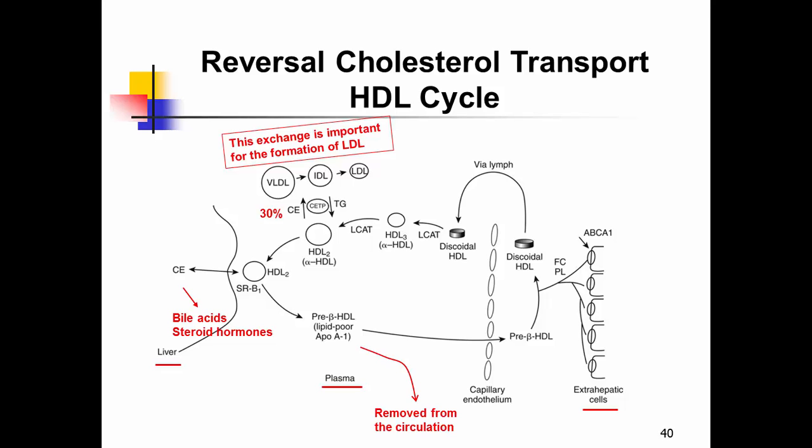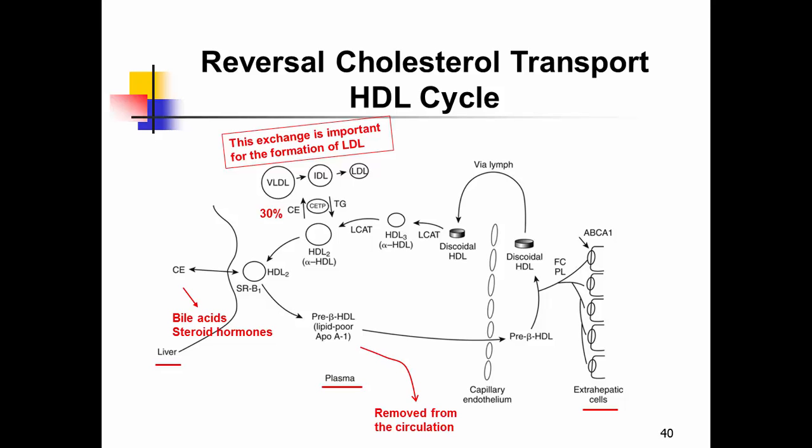This left side represents the liver, and the right side, the peripheral tissue cells. This is the cell membrane of a peripheral cell, and the space in between represents the plasma. So all these reactions actually occur in the plasma.